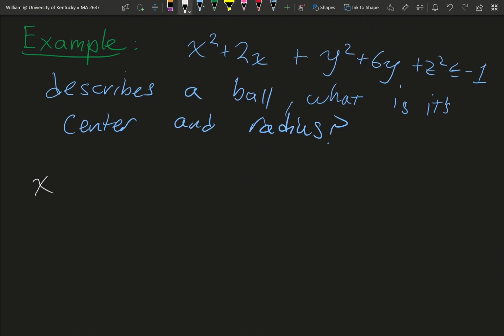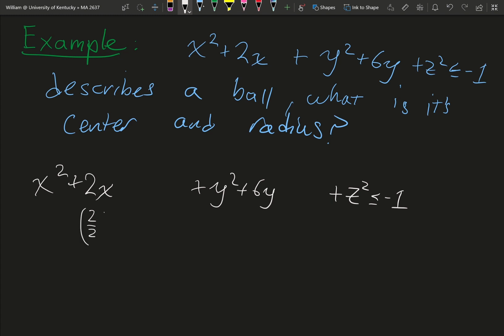So again, what we want to do here is just complete the square. So we take this 2, divide it by 2, and square it to get 1. So plus 1. And whatever I do to one side, I got to do to the other. 6 divided by 2 is 3. Squared that, I get 9. So then I add 9 to both sides.